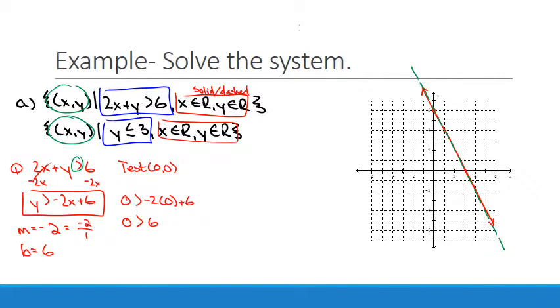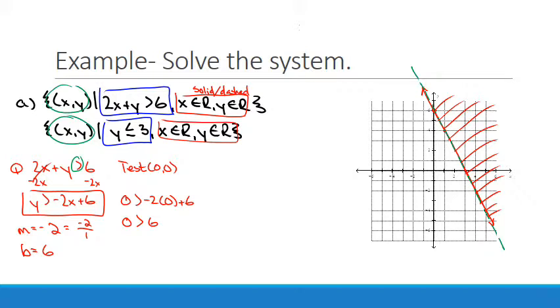So that means the test point is not in the solution region. Now, so that means my answers are going to be to the right of that line, and I can just shade like this. I like to draw just these lines that are perpendicular to the line that I drew. And I'm able to shade like that because the real number system. Okay, remember that's a green dashed line I have in that one.